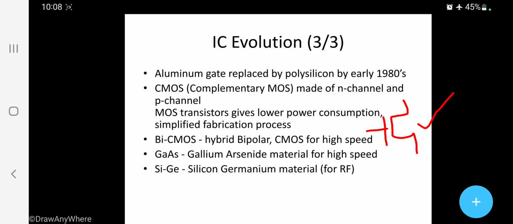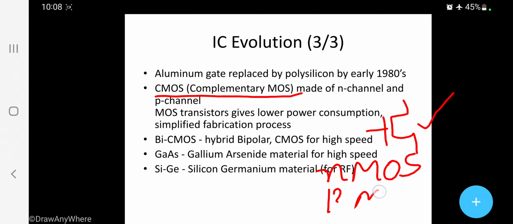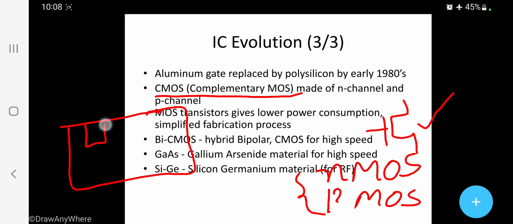Next, CMOS came into the picture, where the combination of N channel MOS and P channel MOS was introduced, giving complementary MOS. NMOS got its name because the channel, which I am darkening here, is of N type.